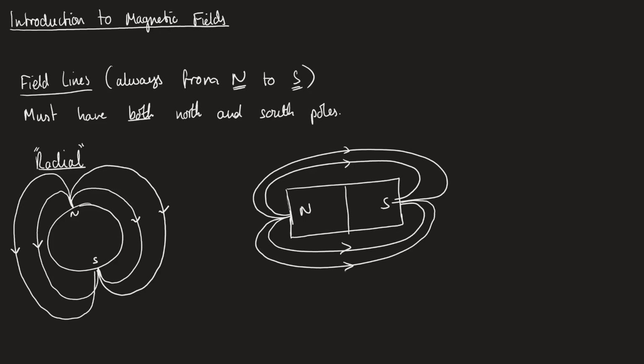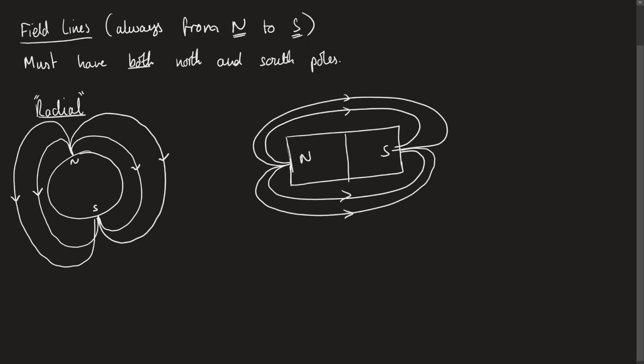But in the case of magnetic fields, since they're similar to electric fields, because it's the electromagnetic force, they both act on charges, we can also get a uniform field. In a similar way that the uniform field in electric fields was just a plate that was positive and a plate that was negative, we can just connect two bar magnets.